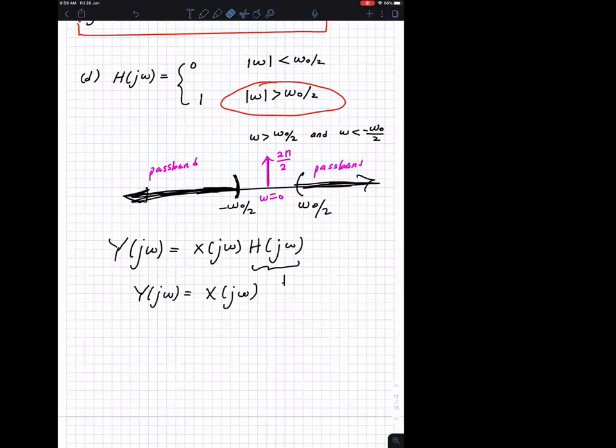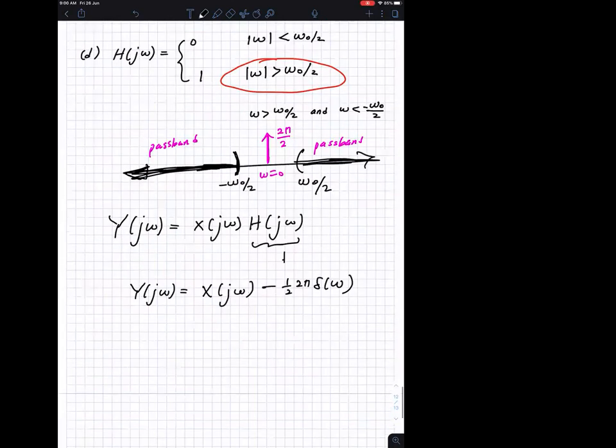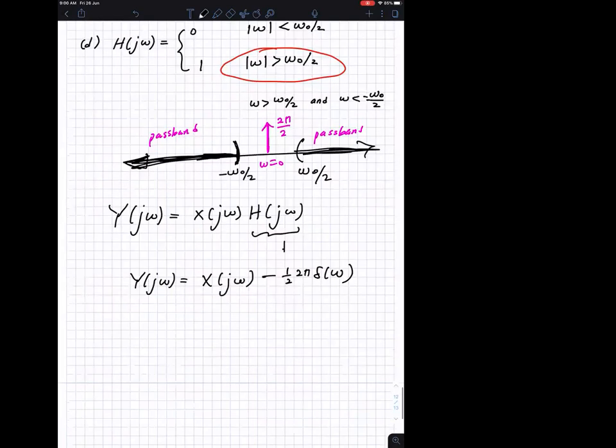All the signal is going to go through except the DC, which happens to be 2 pi over 2, 1/2, 2 pi. The inverse Fourier transform of this is x(t) minus 1/2. All the AC signals go through except the DC.